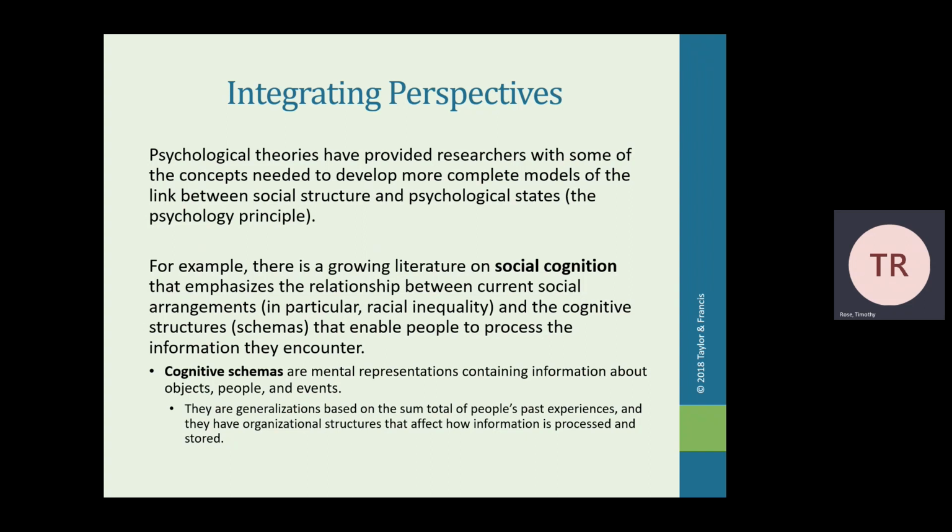Cognitive schemas are, by the way, mental representations containing information about objects, people, and events. By this, we mean they're generalizations based on the sum total of people's past experiences, and they have organizational structures that affect how information is processed and stored.